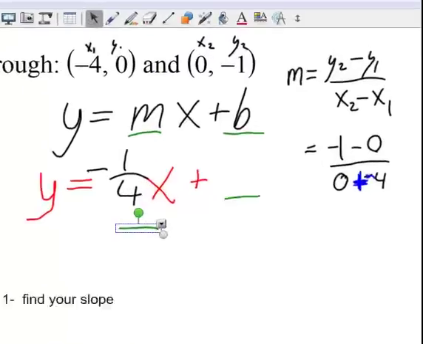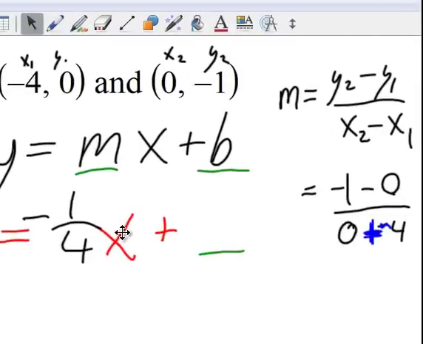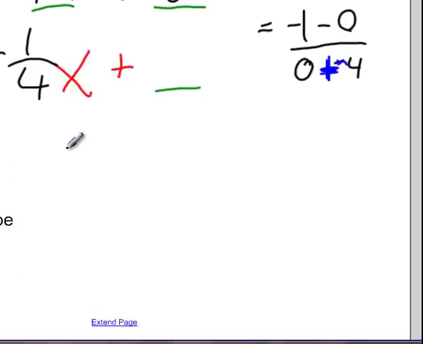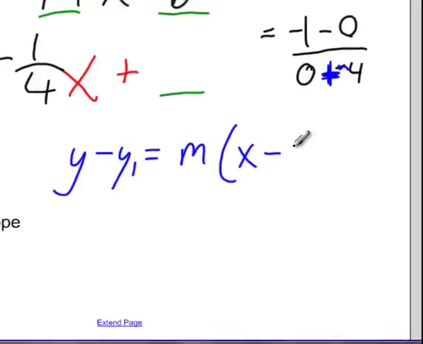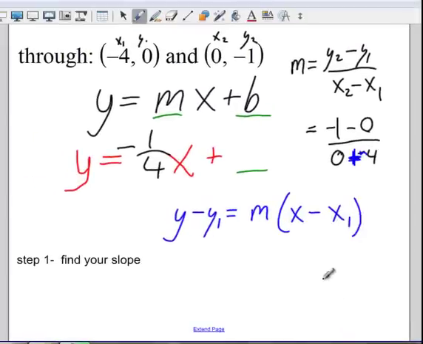Okay, so I've met one part of my objective, but now I need to find my y-intercept. Well, how do we do that? Well, we have our slope, so that can put us back into point slope form. Point slope form is y minus y1 is equal to m times x minus x1. Now I can use either one of these points.